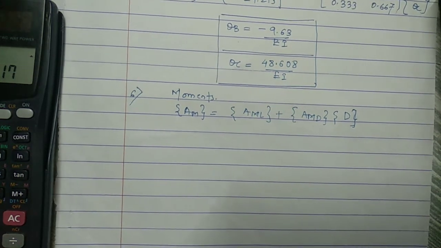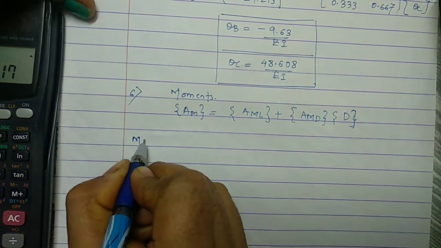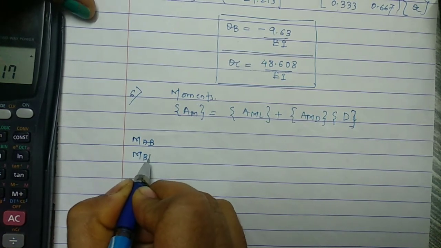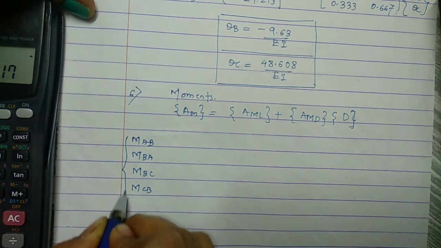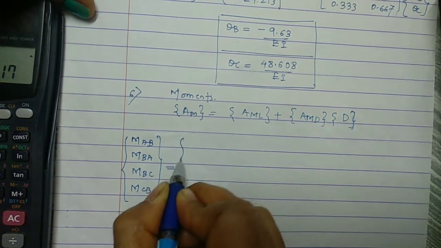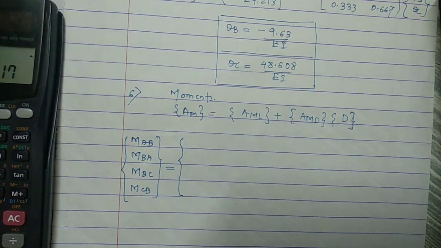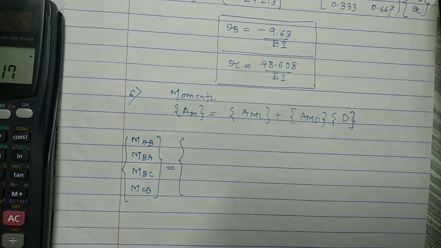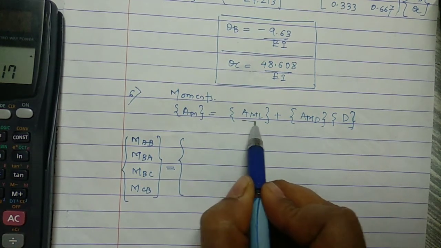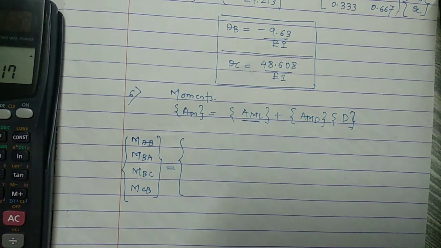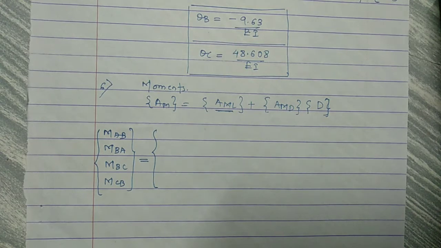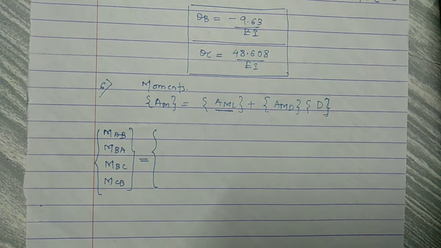So here AM, that means all unknown moments, MAB for member AB, BA and BC for member BC, and CB, equal to AML, that is all restrained moments as well as sinking moments. Okay, so remember here, when sinking moments are given, you have to add the restraining moment plus the sinking moment in this AML matrix.